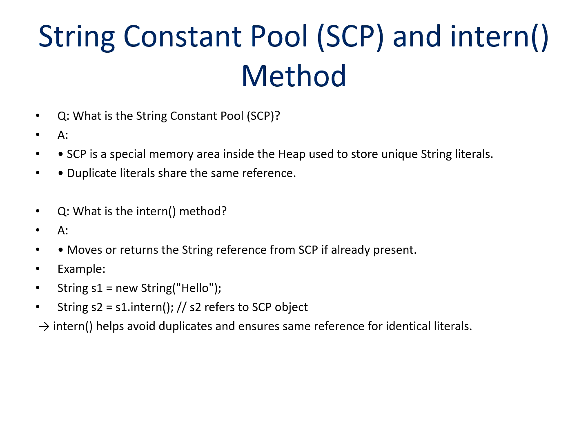So when we compare the references for s1 and s2, it will be false, but the content is same. But if the string is already present in SCP, in that case it will point to the same reference from SCP, even if we created that using the new keyword, because we are using intern method on that object.